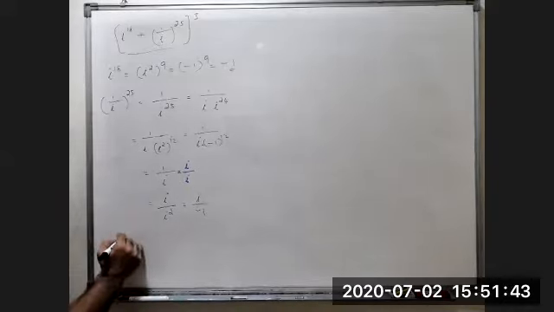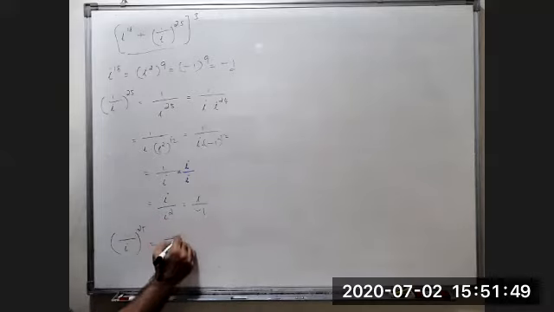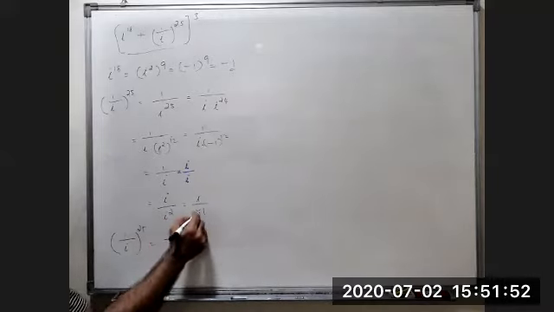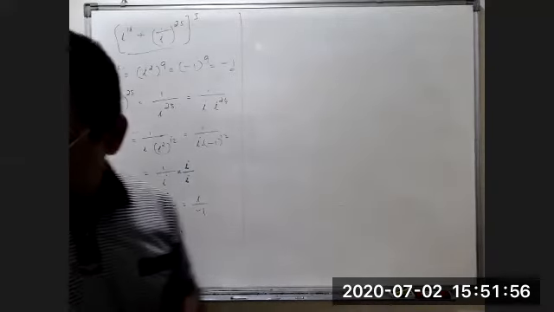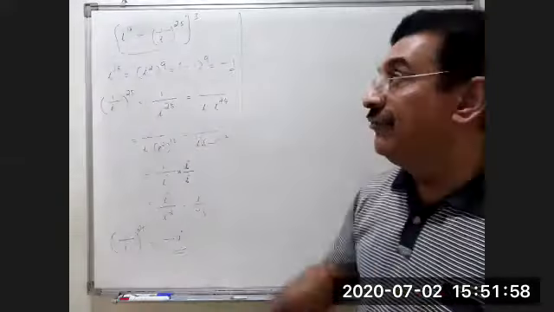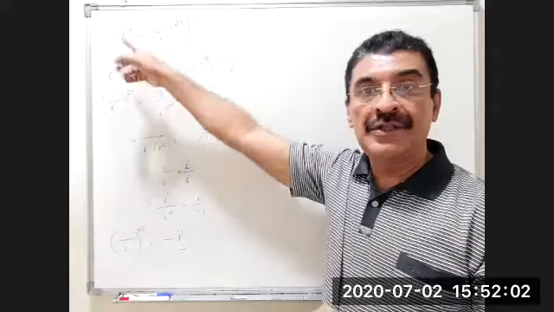So we got 1 by i raised to 25 as minus i. i by minus 1 means minus i. See that we evaluated i raised to 18 and 1 by i raised to 25 separately.